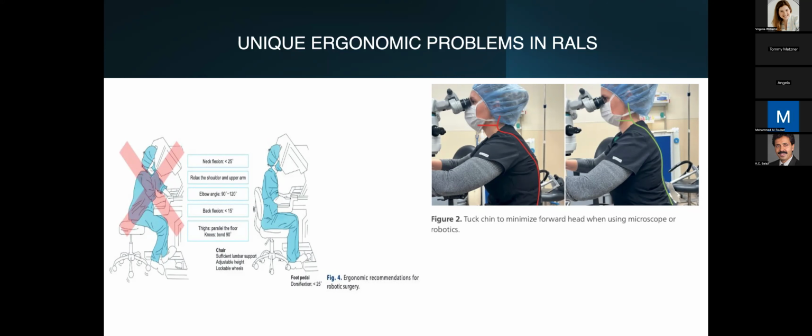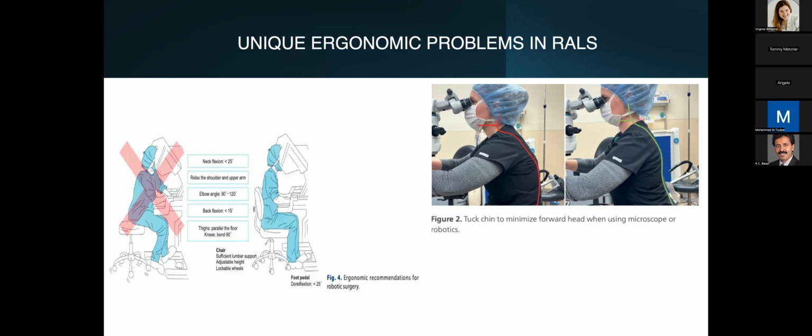You want a good chair with sufficient lumbar support. You can adjust the height, and also lock the wheels, because you don't want to start drifting away during the operation. And for your foot pedal, you don't want to be dorsiflexing more than 25 degrees. Actually, you want that less than 25 degrees, just like when you're driving a car.